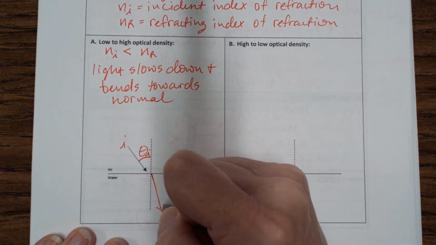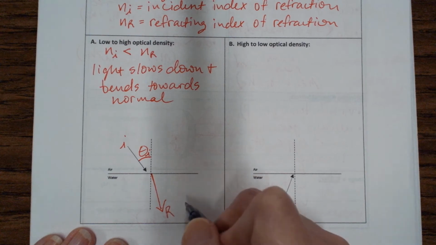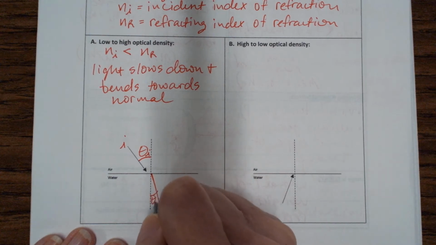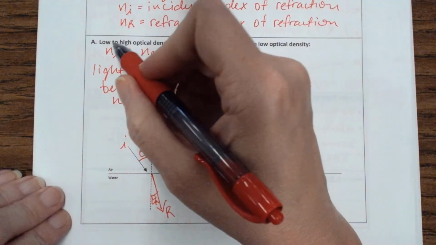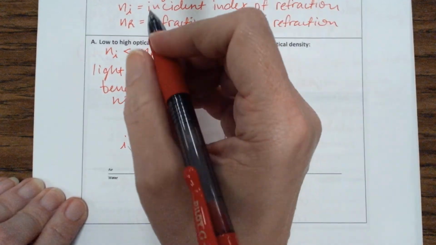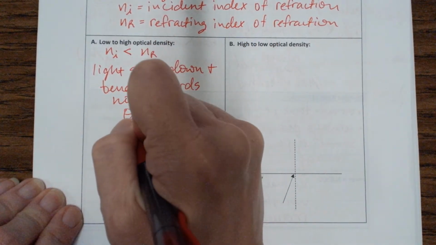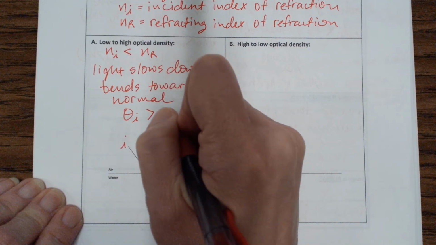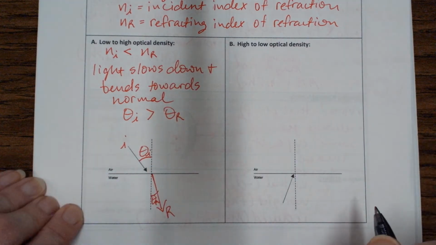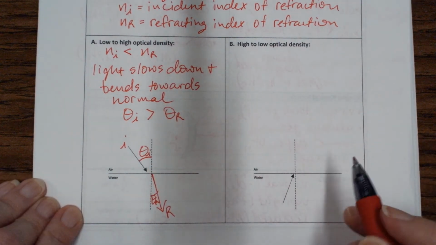It's going to look more like this. This is my refracted ray, so this is my theta_r. Going from low density to high density, your theta_i is always going to be greater than your theta_r. Okay, so the opposite of that must also be true.